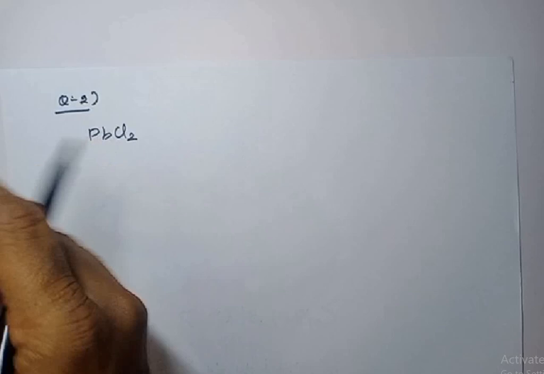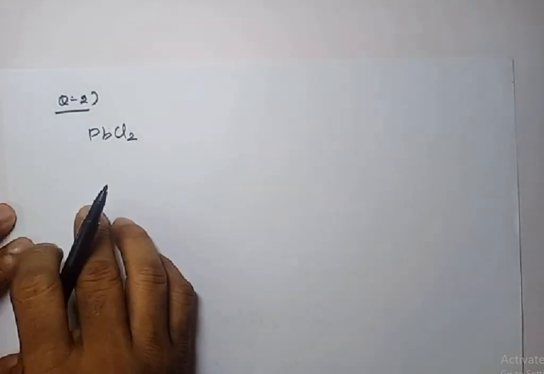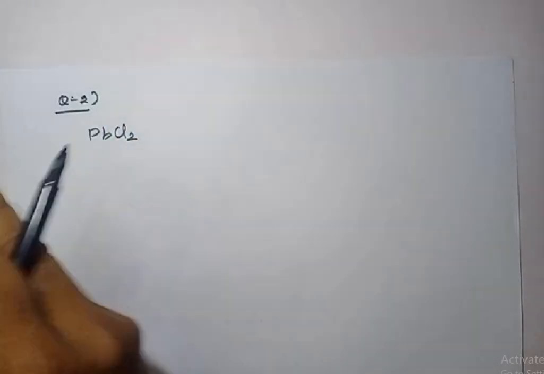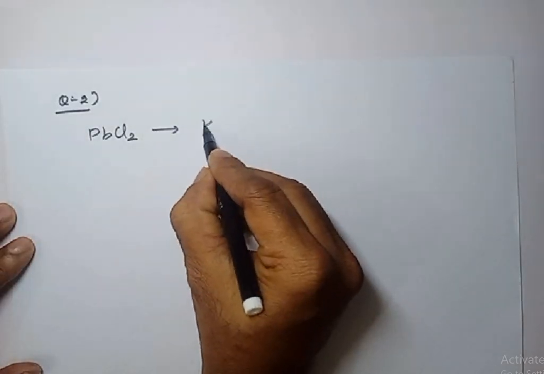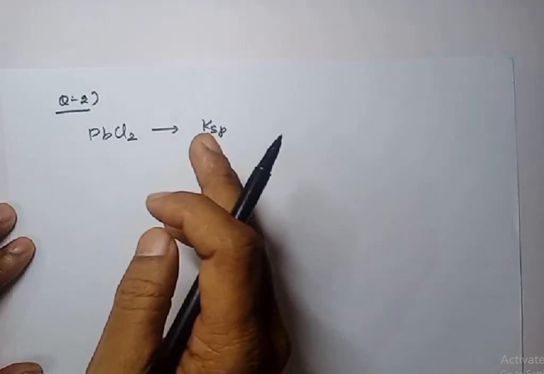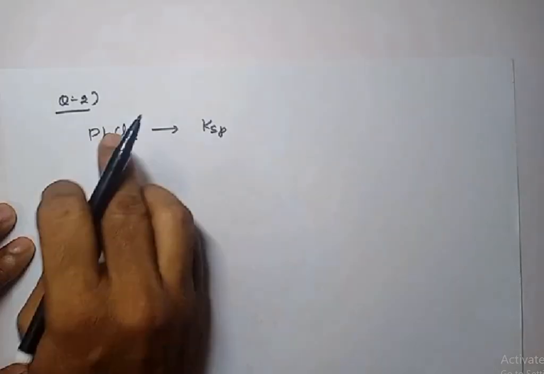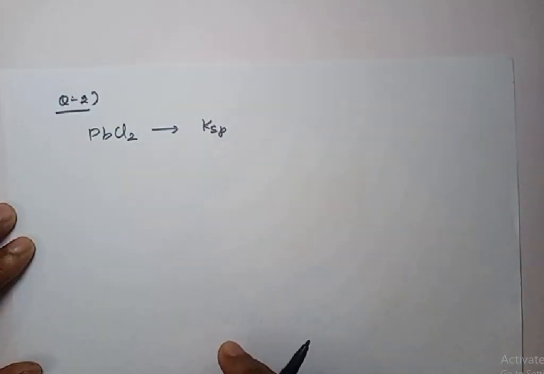is in qualitative analysis. Okay, for basic radical, lead ion is precipitated in group 1 as lead chloride. For most chlorides, solubility product constant is somewhat high, whereas for lead chloride and silver chloride, for some metal ions, the solubility product value is very low.